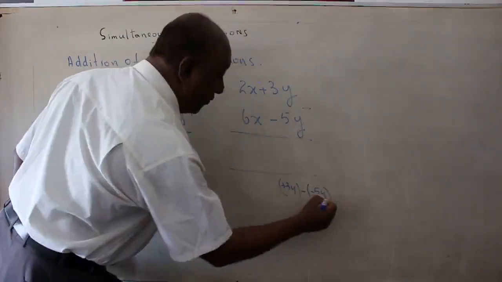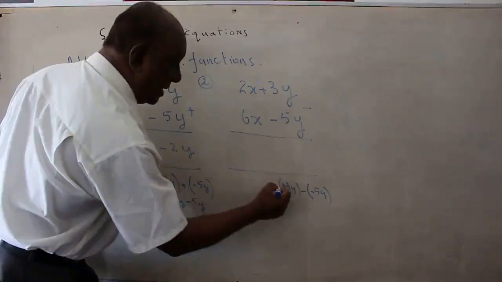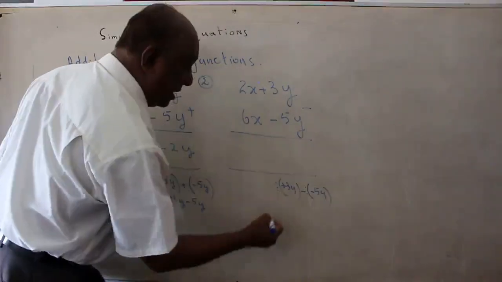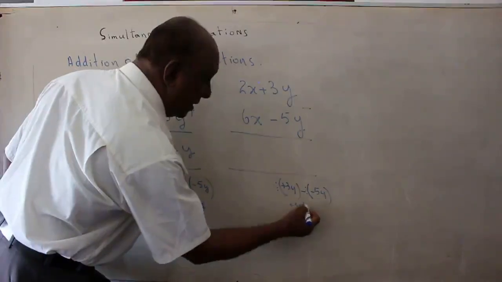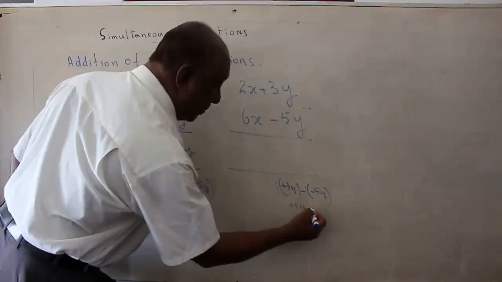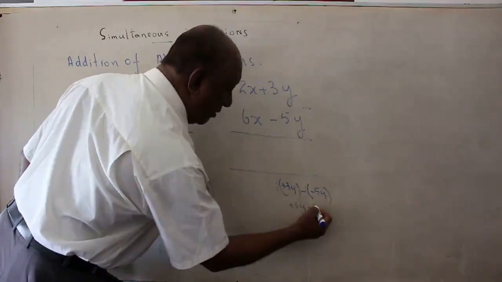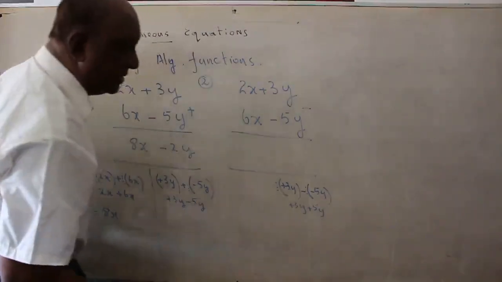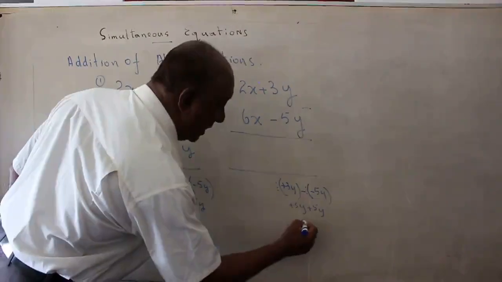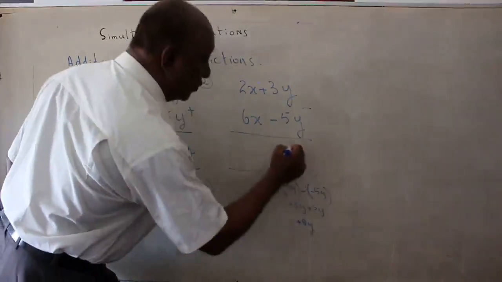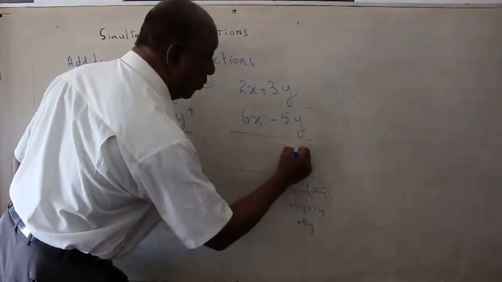When you open the bracket, you know that there is one here and there is one here. You multiply plus 3y, multiply minus and minus, plus, 1 into 5y is 5y. Combine this plus 3y and the plus 5y, you get plus 8y. So that will become plus 8y.